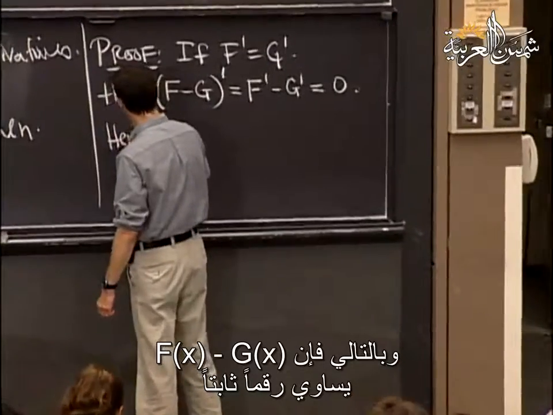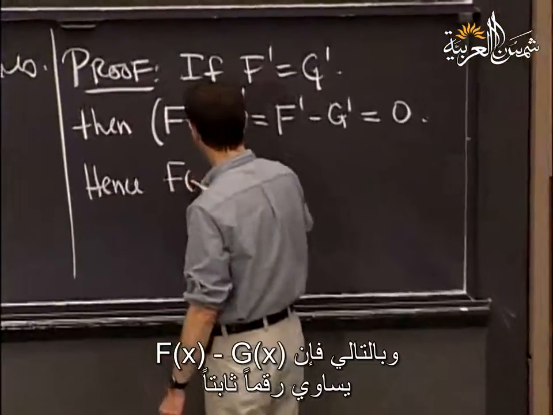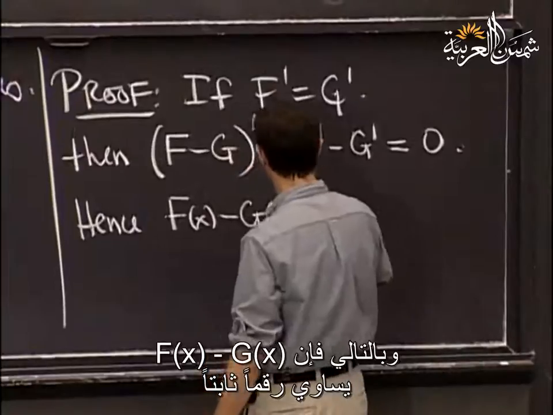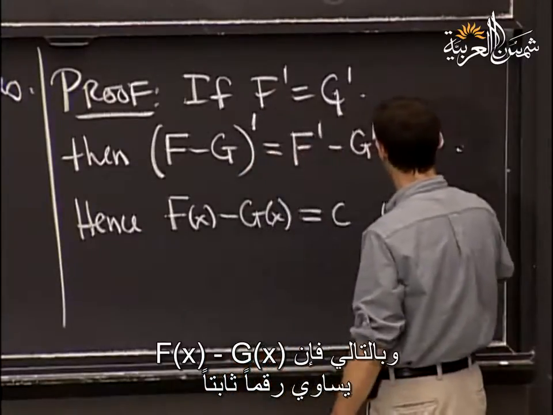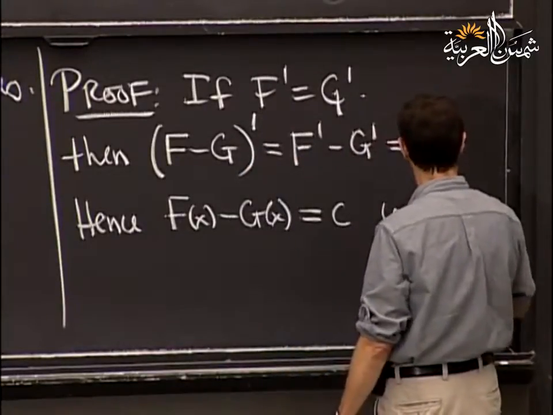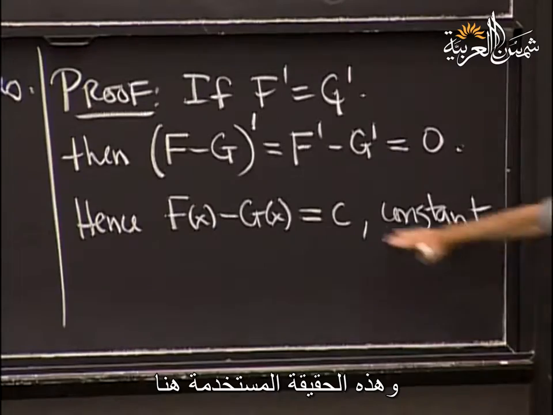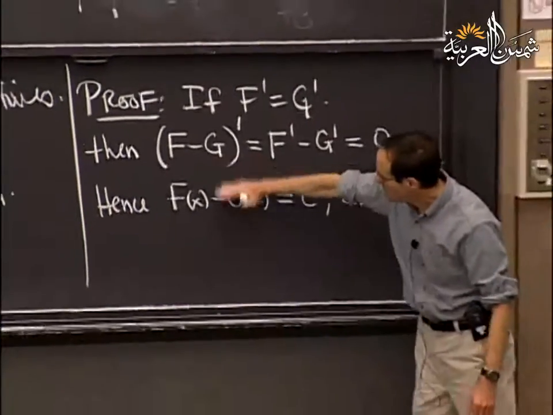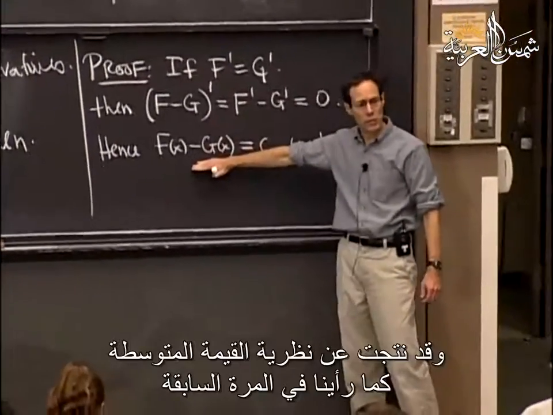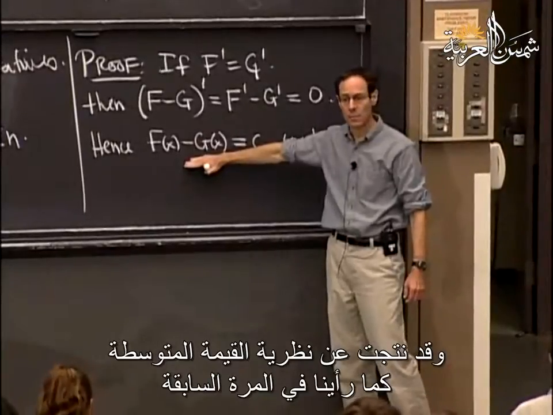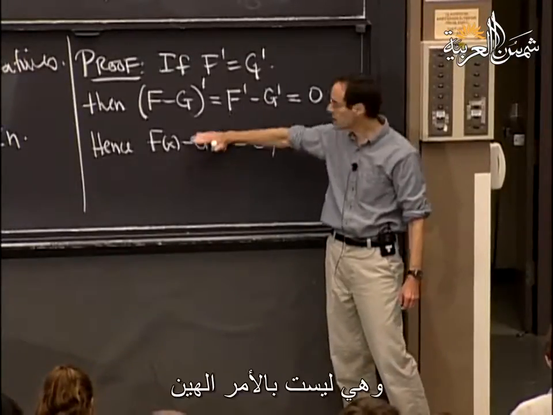Hence, f of x minus g of x is a constant. Now, this is a key fact, a very important fact. We deduced it last time from the mean value theorem.